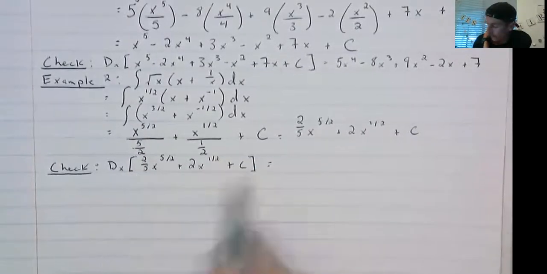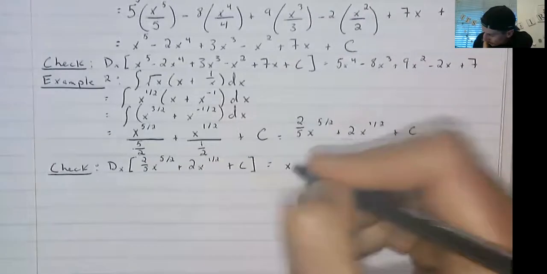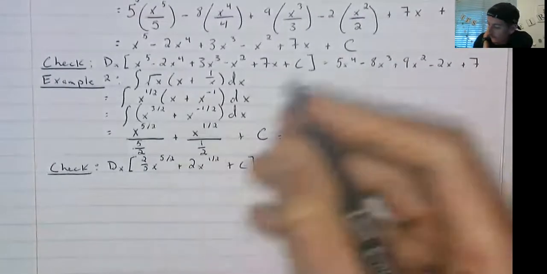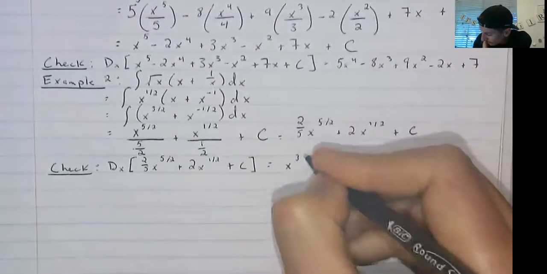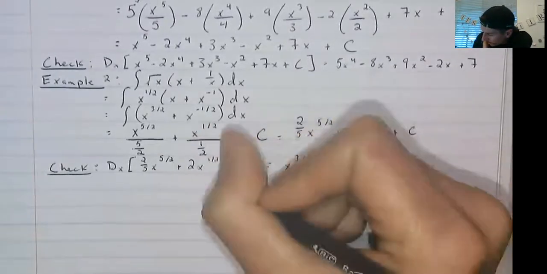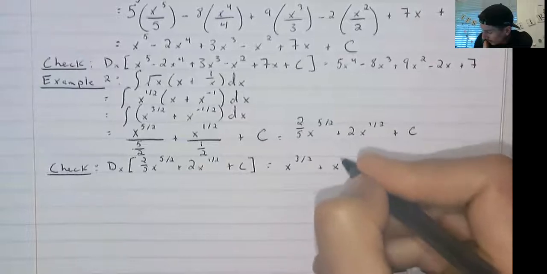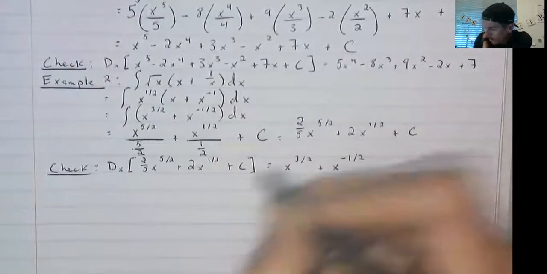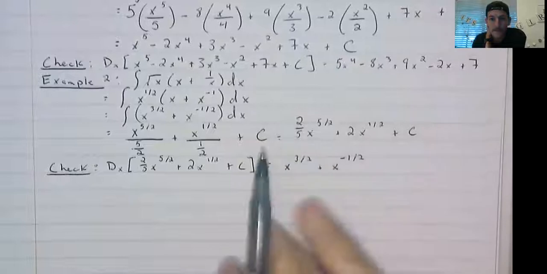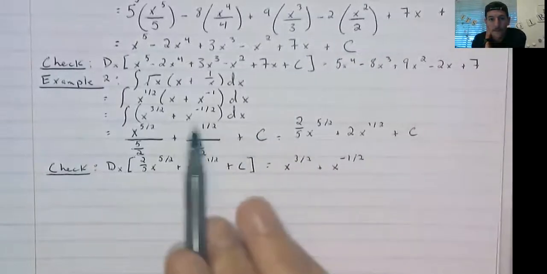We'll cancel with our 2/5, which is nice. Subtracting 1 from 5/2 gives us 3/2. The derivative of 2x to the 1/2 gives us x to the -1/2. And the derivative of c is 0. And so this matches up with this.